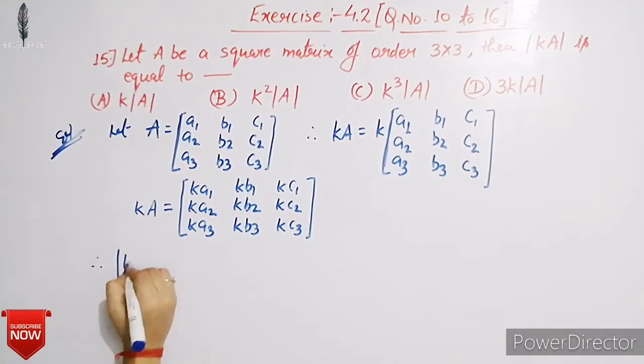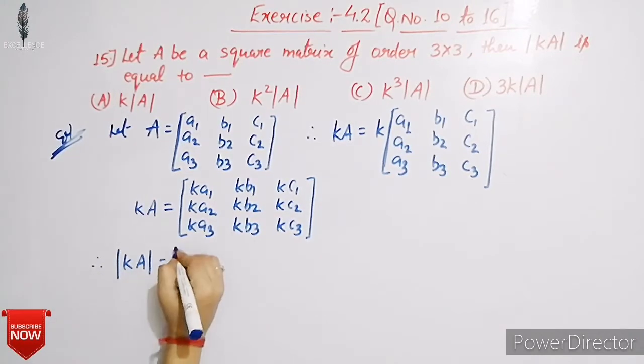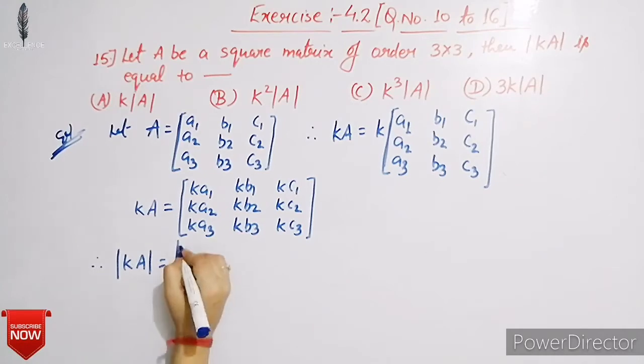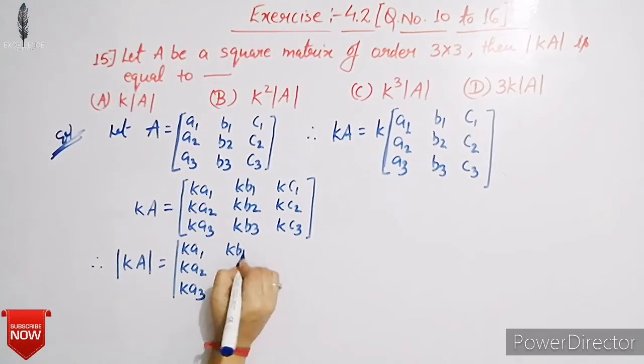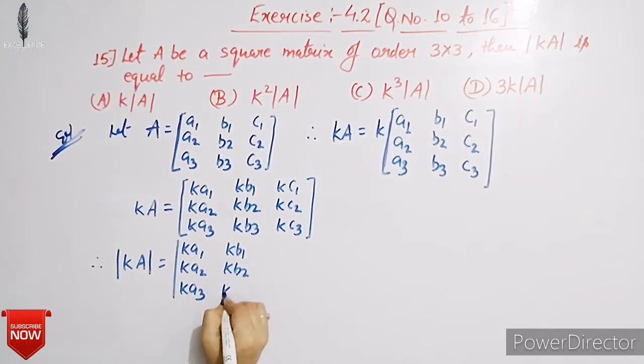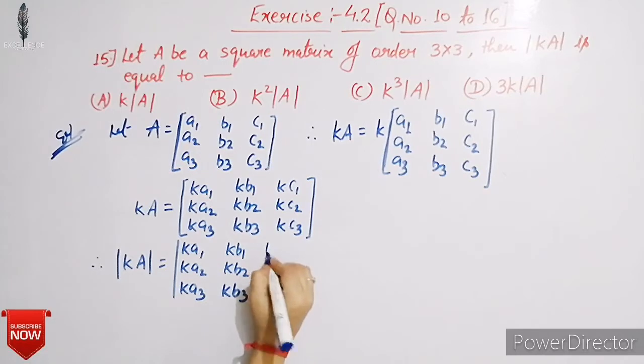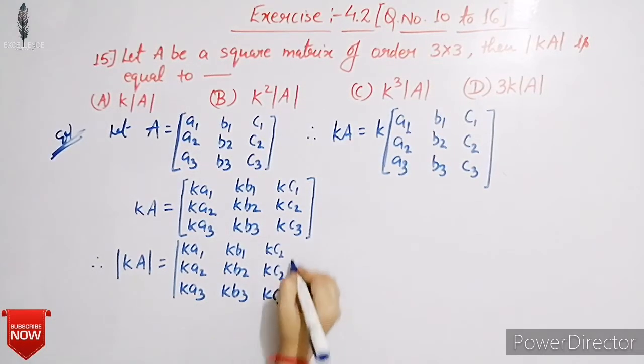Now determinant of KA is equal to the determinant of KA1, KA2, KA3, KB1, KB2, KB3, and KC1, KC2, KC3.